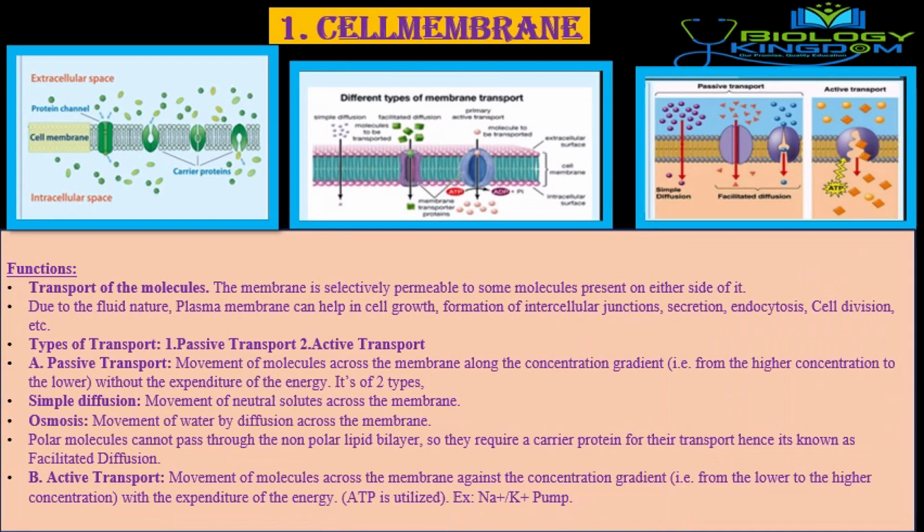Now see, if we observe again, how does this facilitated diffusion happen? This happens based upon the transport of molecules. Basically, it is of two types, passive transport and active transport. Here, if we observe, simple diffusion and facilitated diffusion are happening through a membrane.